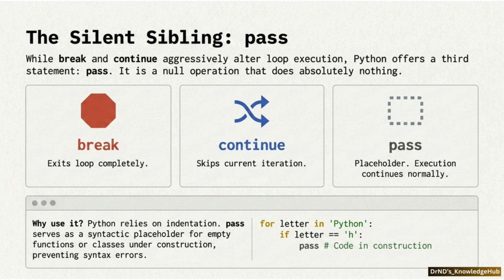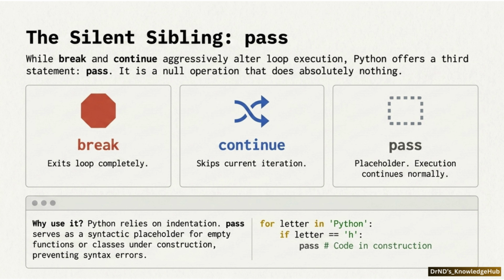Python also provides another statement called pass. Although today's topic focuses on break and continue, it is useful to know about pass. Unlike break or continue, pass does absolutely nothing. It is simply a placeholder. Sometimes we have not written the code yet, but Python still expects an indented block. Instead of leaving it empty, which causes an error, we write pass.